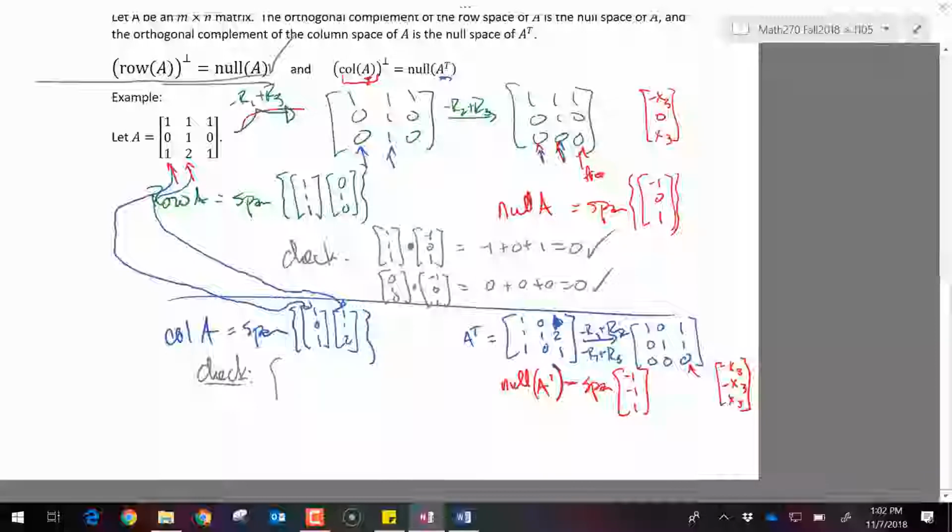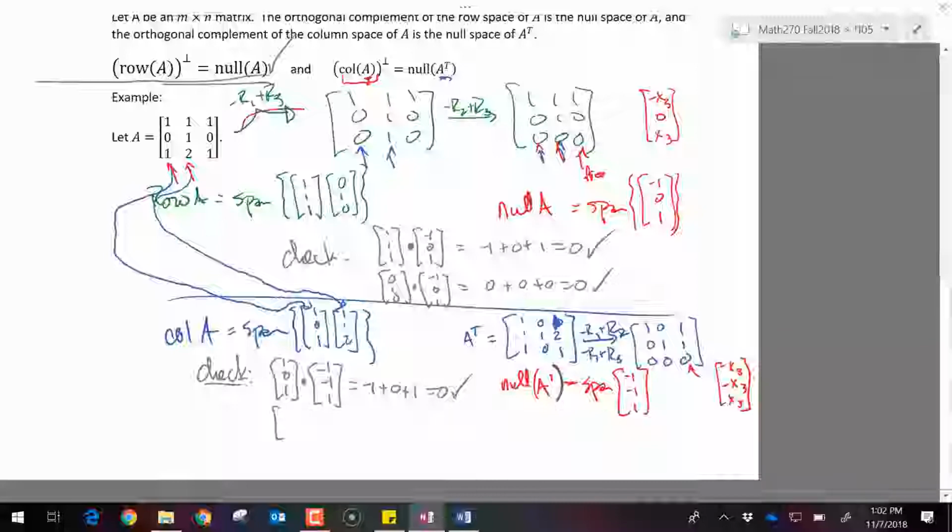So I'll dot both of these. I could dot the linear combination, but if I want it to be 0, I could just dot them individually. So 1, 0, 1 dotted with this null space vector, -1, -1, 1, is going to be -1 plus 0 plus 1, which is equal to 0.